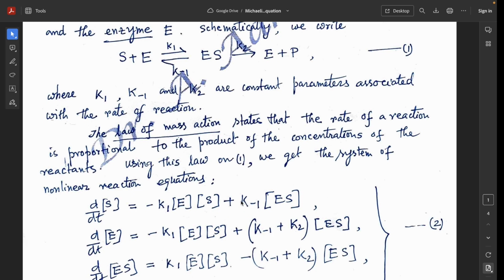So plus K suffix minus 1 concentration of the complex ES.